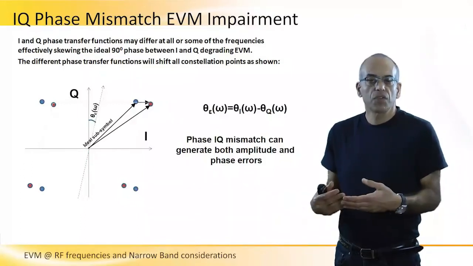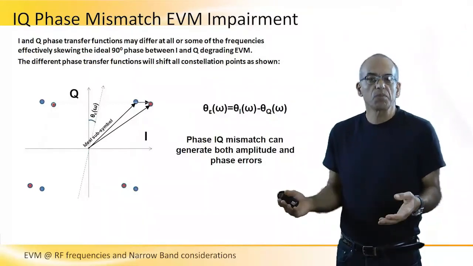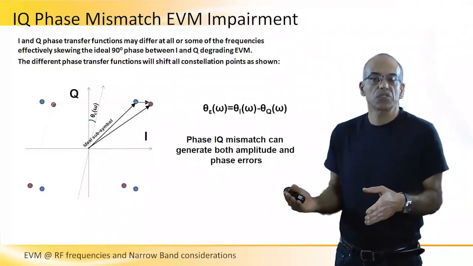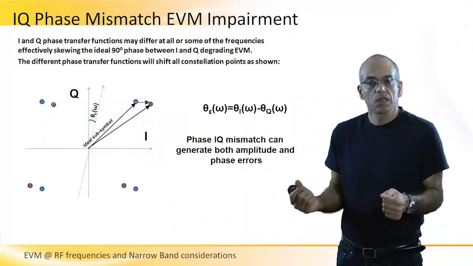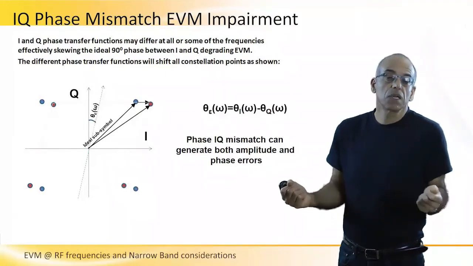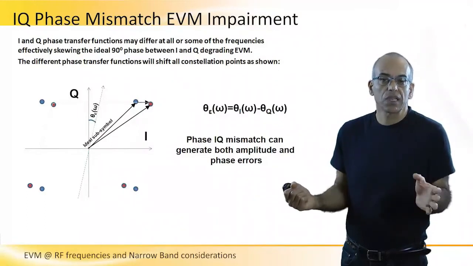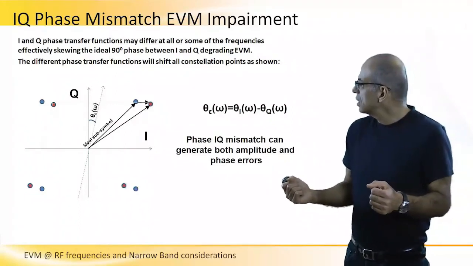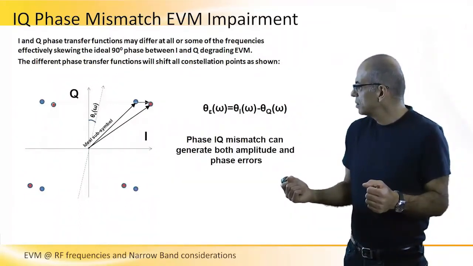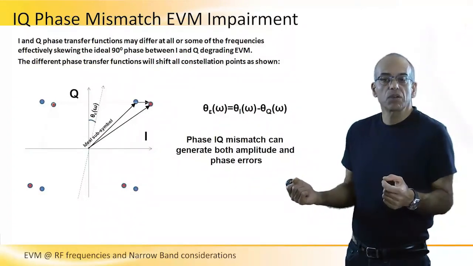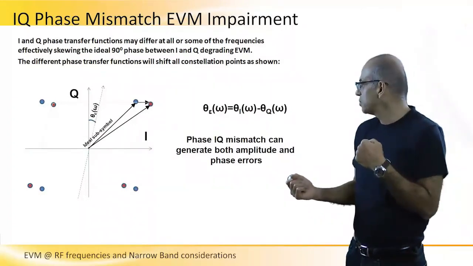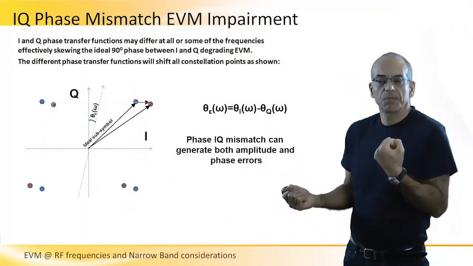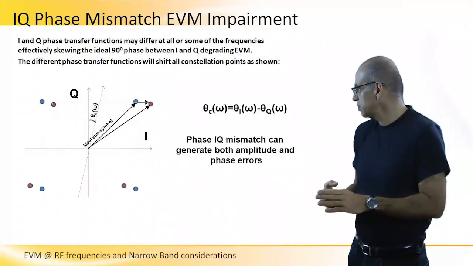However, due to different transfer functions or other impairments, these two axes may be not exactly 90 degrees relative to each other, but a different phase that is not exactly 90 degrees. And this different phase will also translate into an impairment in the location of the ideal subsymbol. And again, we can learn this and try to compensate for it in processing.